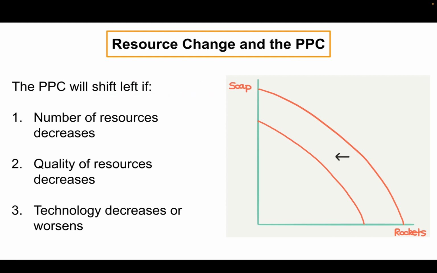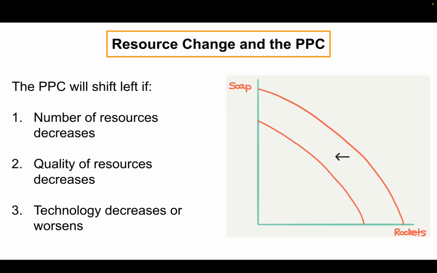One more thing I want to point out here is this arrow. Not my cursor arrow, but the arrow I'm circling with it. It's very, very important that you have the arrow when you are making a curve shift in this class. If you do not have the arrow, it will be marked wrong, either by me or on the AP exam by the AP reader.